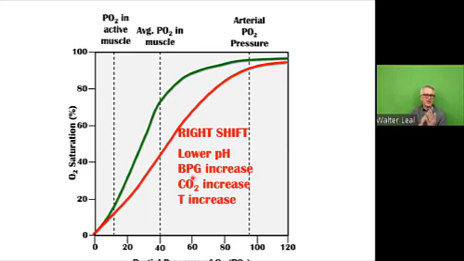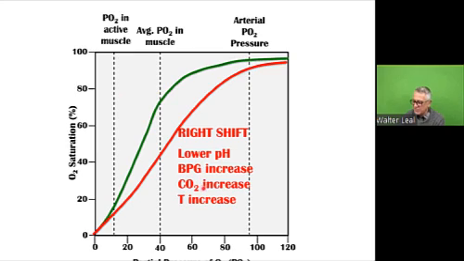And everything else is by increasing: BPG increases, CO2 increases, temperature increases. And of course, if you're going to look at a shift to the left, it's going to be everything decreasing, except for pH, that's going to be increasing. So if you wanted a shift to the left, we just have to have the reverse of this.